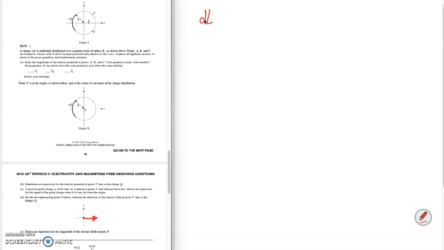So the electric field is going to be K dq over R squared, and we need to have an R hat here. And this is going to be from 0 electric field to the full electric field that's parallel to the axis, in this case, directly to the right.